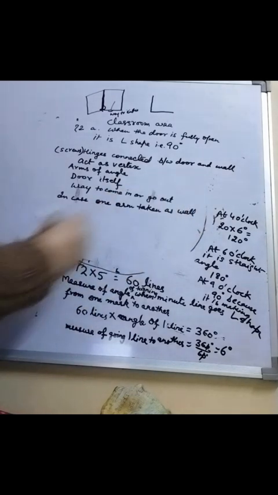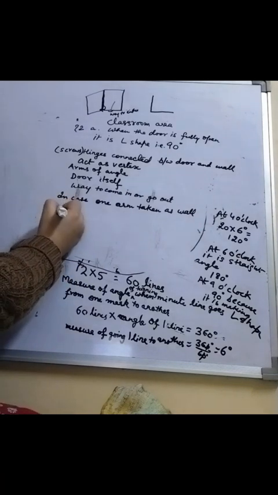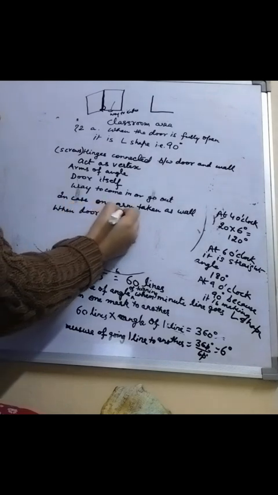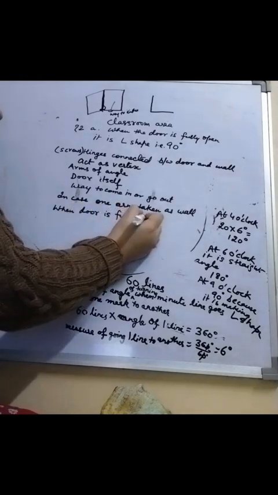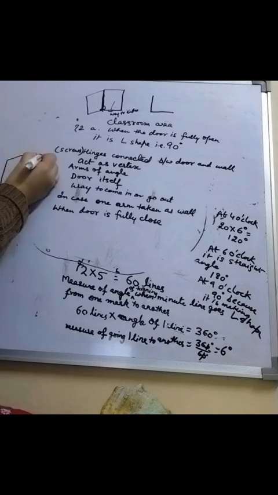Then what will happen? When door is fully closed, what will be the angle? Suppose this is your wall and this is your door closed. So what would be the angle between these two?